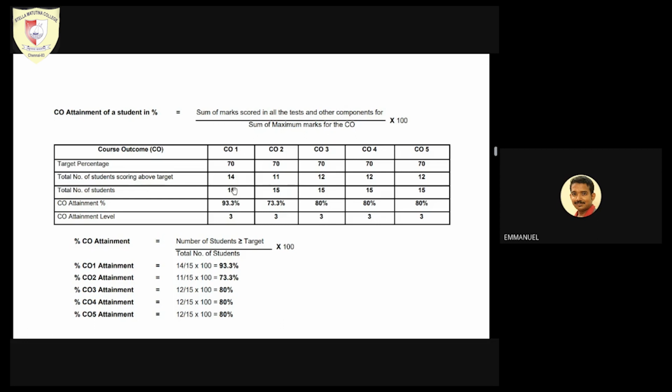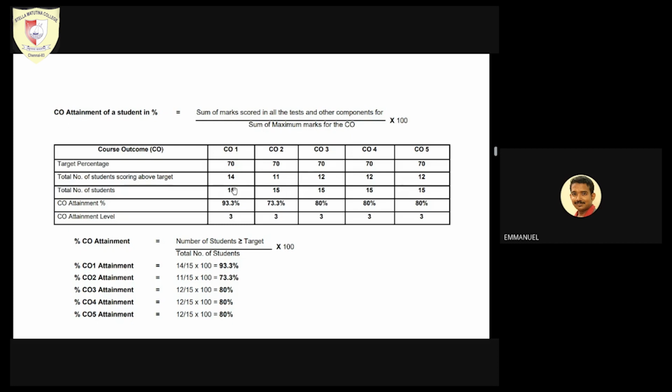And again, this is going to be a serious business. Why? Suppose for 1 year we show a huge progress in this CO attainment. The question comes: if next year, the following year, the progress is not that good, again a question will arise. Suddenly, after 5 years, if there is a drop in this CO attainment percentage, a question will arise.